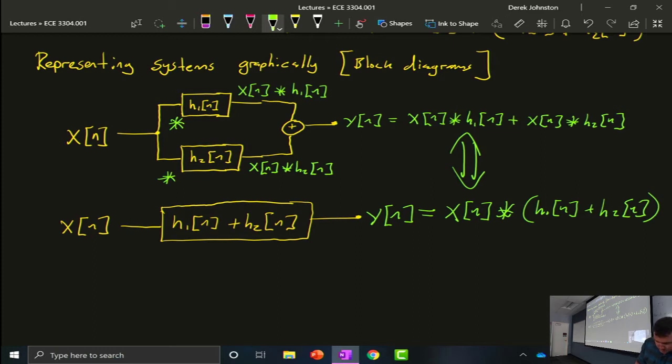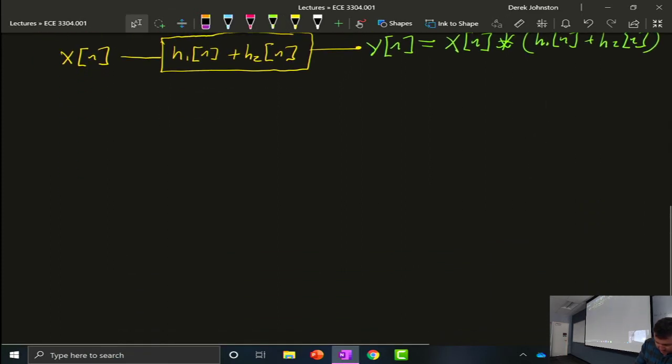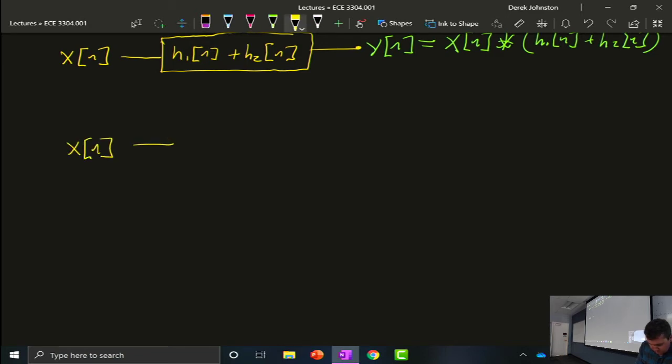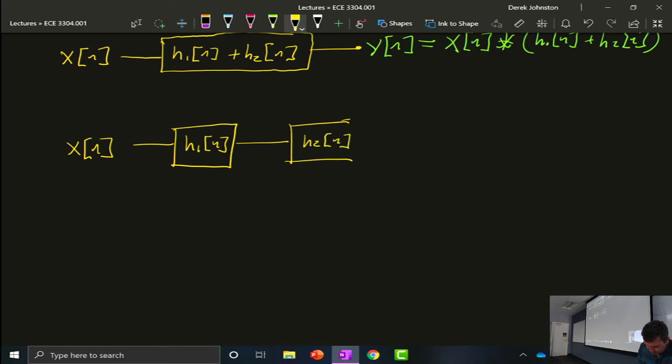All right. Let's do one more of these. If I say do it this way: h1 of n feeds directly into h2 of n, and I have y of n on the outside.